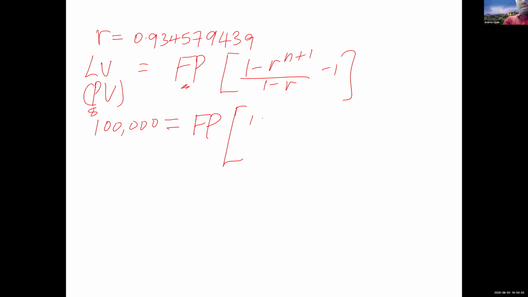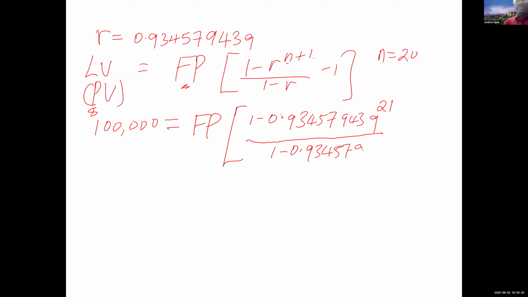Inside is going to be 1 minus 0.9345799439, raised to the power, remember n is 20, but this is 20 plus 1, so the power is 21. Don't get confused, because n by itself was 20, but the formula says 1 minus r to the n plus 1. Divided by 1 minus, again, 0.9345799439. Then we're going to subtract 1 from it.